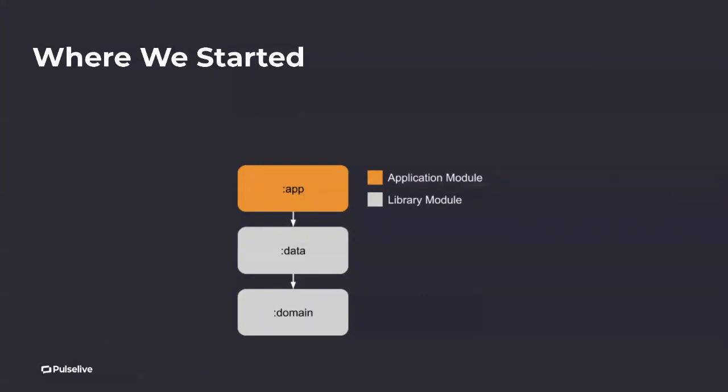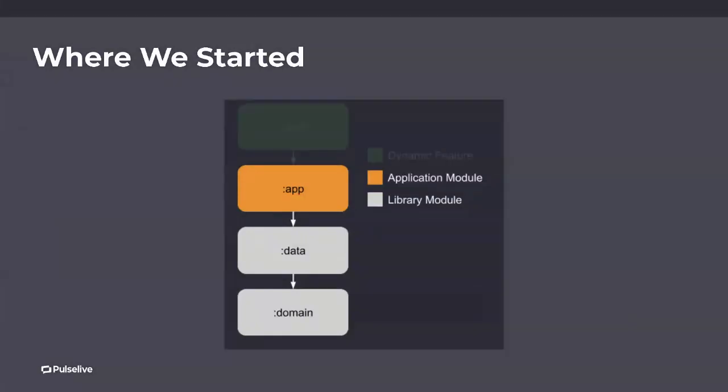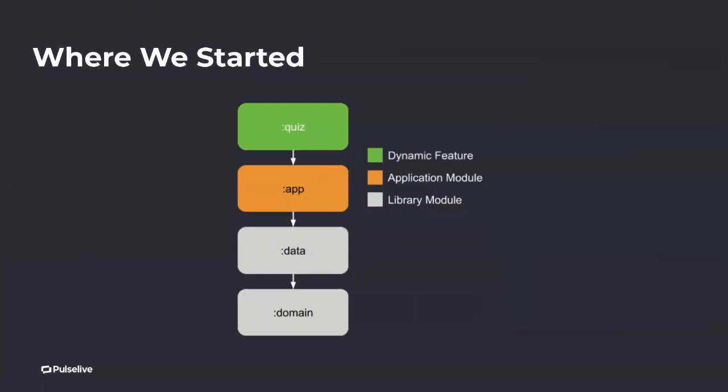Okay, so yeah, this is where we started, and we were struggling because the quiz feature lived here. We couldn't just instant enable the app currently. It was far too big and wouldn't fit in the 4 megabyte download size limit. So what we could have done is just bring quiz out into a dynamic feature. However, an instant app isn't magic.